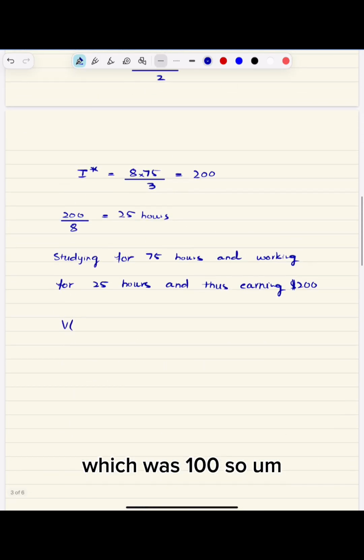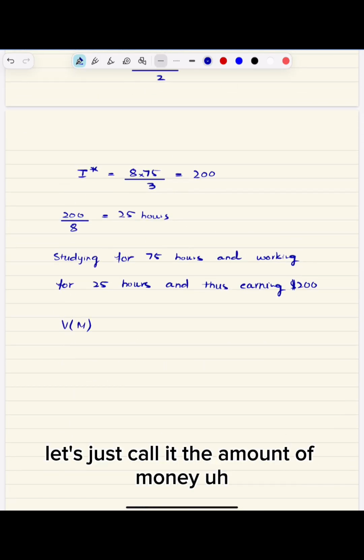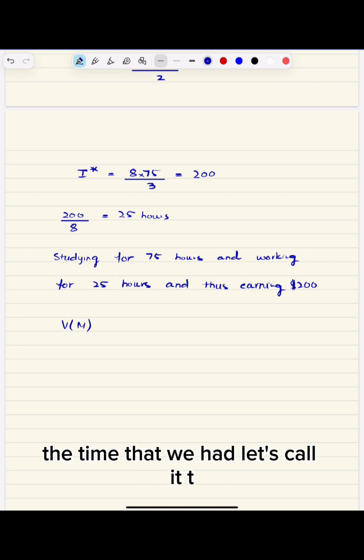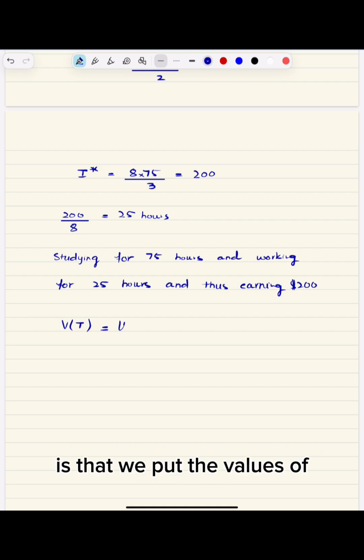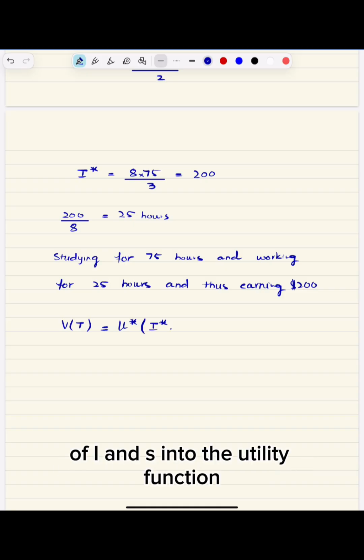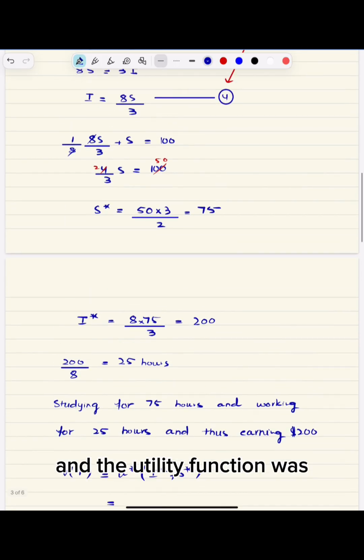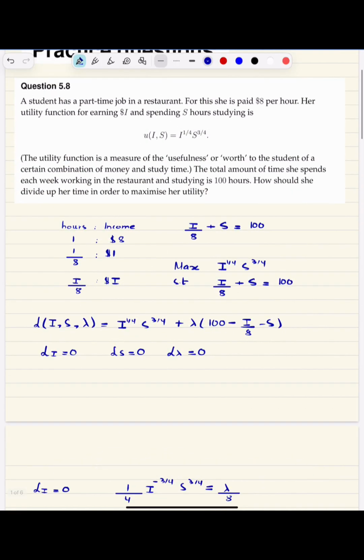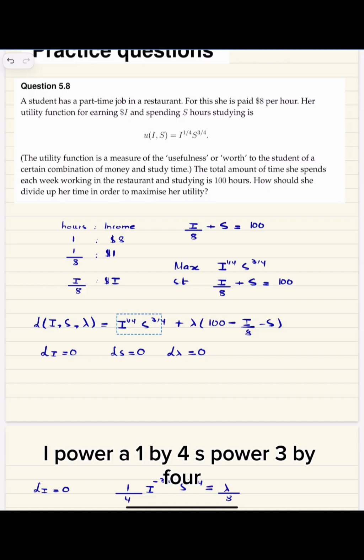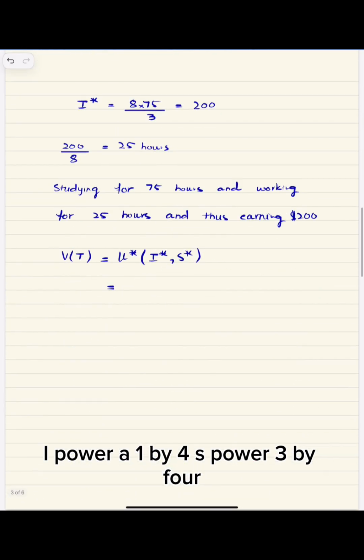And the maximum value function given our constraint, which was 100. So given the constraint, let's just call the amount of time that we had t. We put the optimal values of I and S into the utility function, and the utility function was I power 1 by 4, S power 3 by 4.